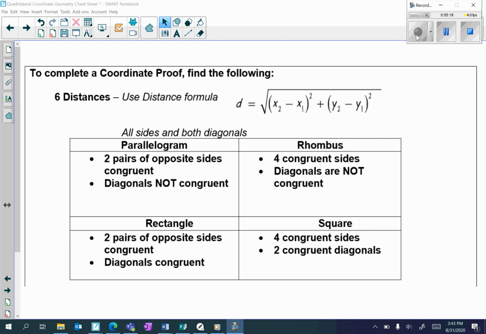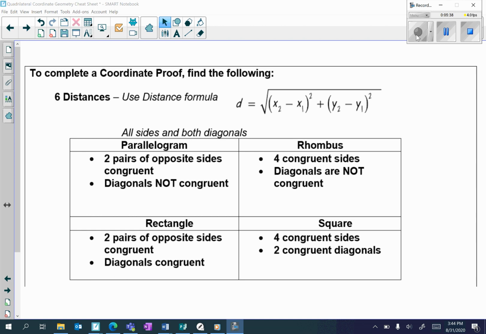And finally, we have steps to complete a coordinate proof. Remember, to prove that something is a parallelogram, rhombus, rectangle, or square, we use the distance formula 6 times. The distance formula is d is equal to the square root of x2 minus x1 squared plus y2 minus y1 squared.